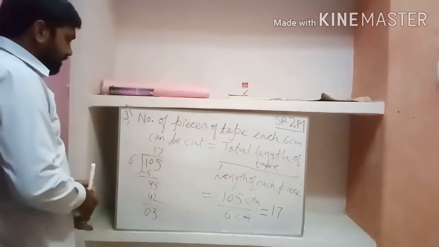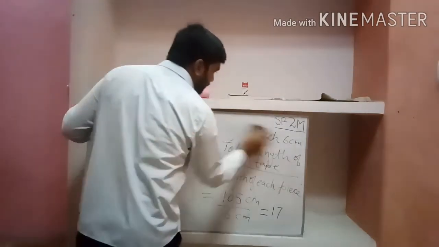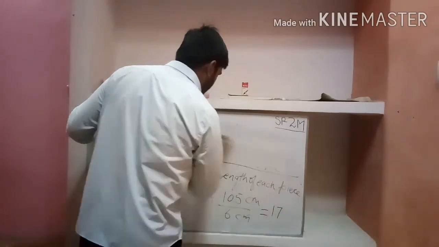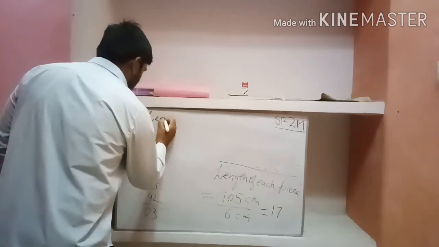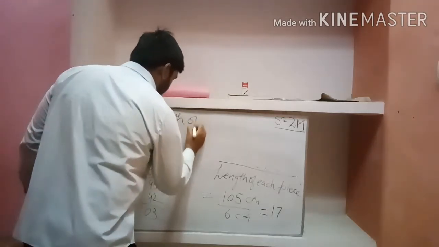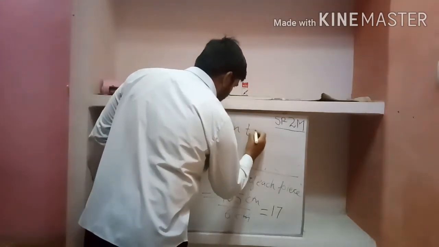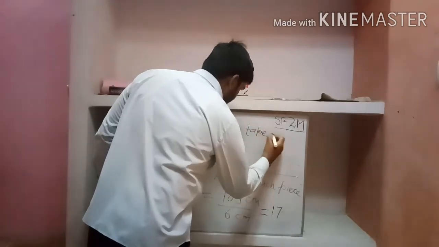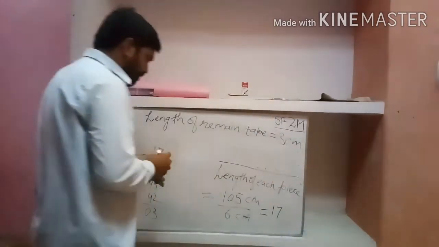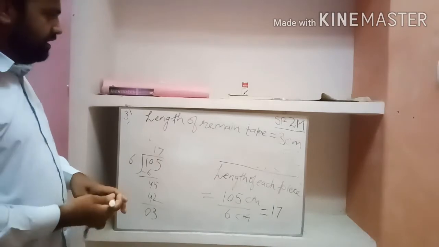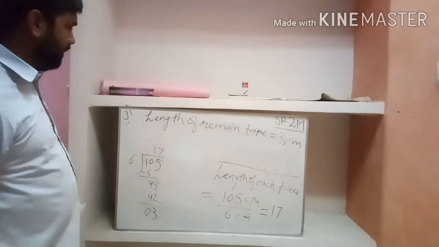So the length of remain tape is equals to 3 centimeter, which is the remainder. Because we are cutting only 6 centimeter length of piece, so at the last remaining will be 3 centimeter. So one more tape cannot be cut. Okay, this is the final answer.